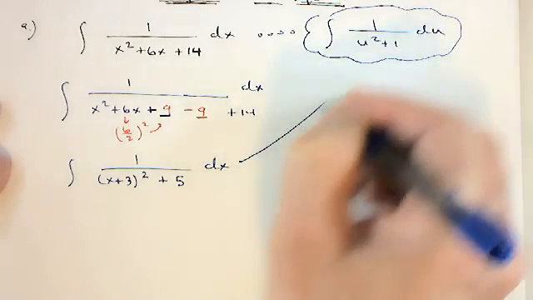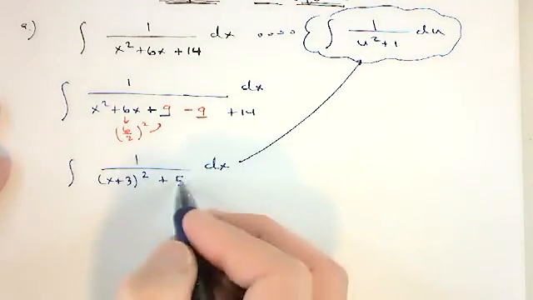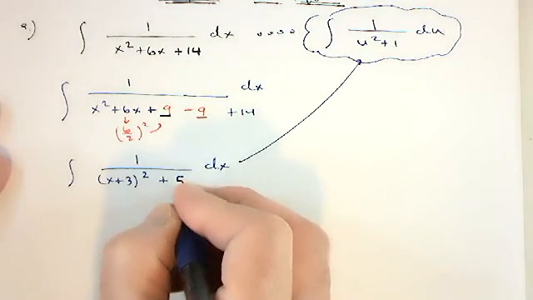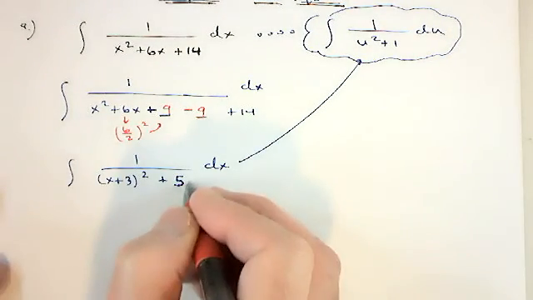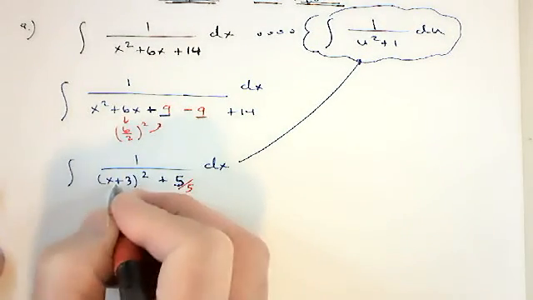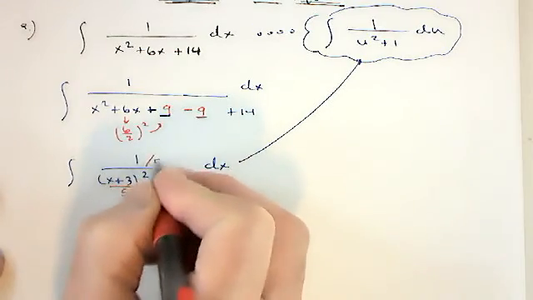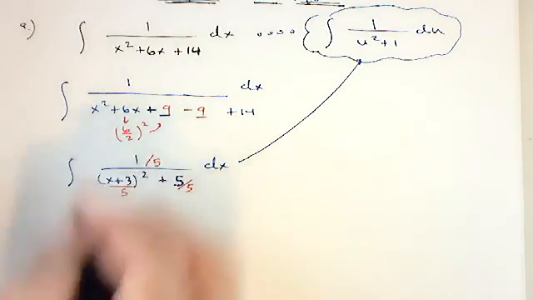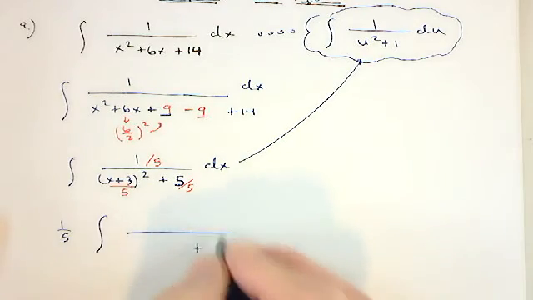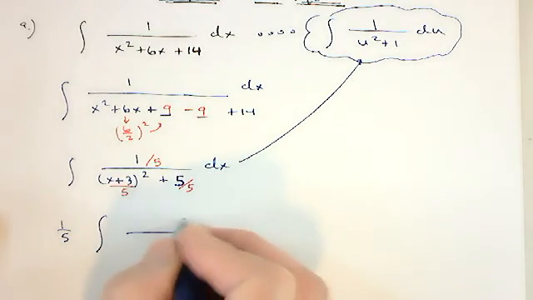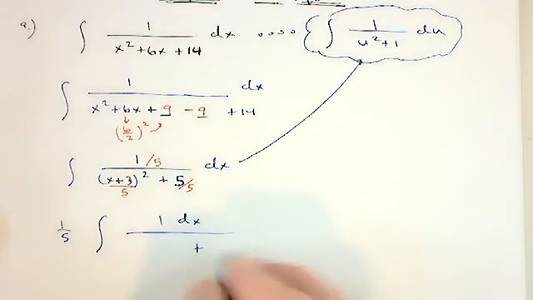So that's starting to look more and more like this, but I need to get this to be 1 here, not a 5 here. So what I like to do is I'm going to just divide everybody by 5. I can pull out the 1/5. This is now just dx over 1.